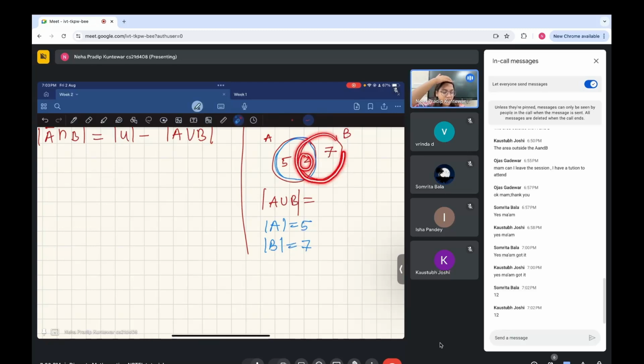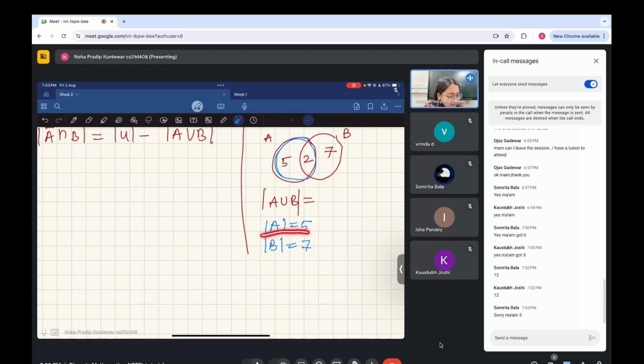Please note that 5 is the total number of elements in A, 7 is the total number of elements in B, and 2 is the number of elements that are common. Given that, what do you think would be the size of A union B? Is this making sense?